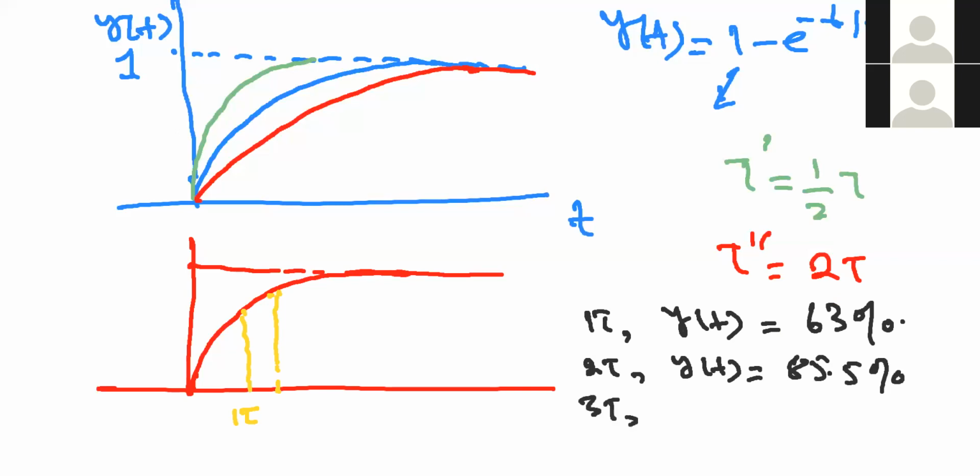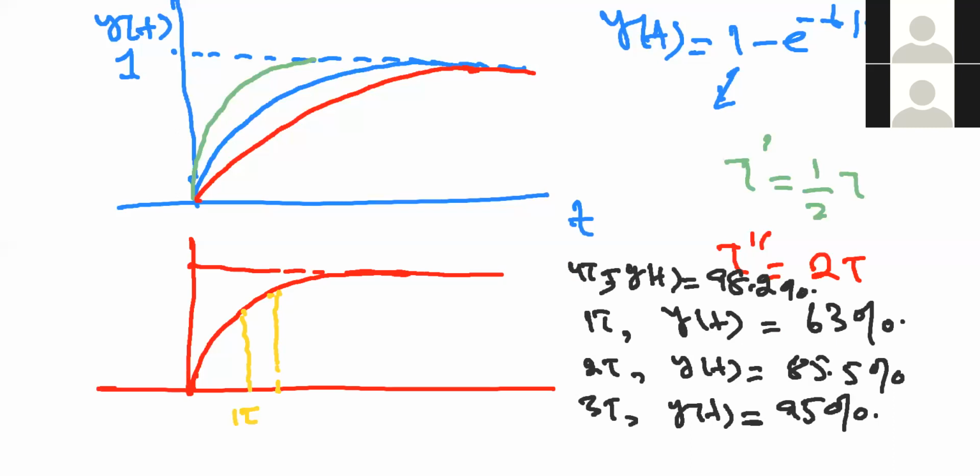At three time constants, y(t) should reach 95%. Similarly, at four time constants, it will reach 98.2% of the final value.